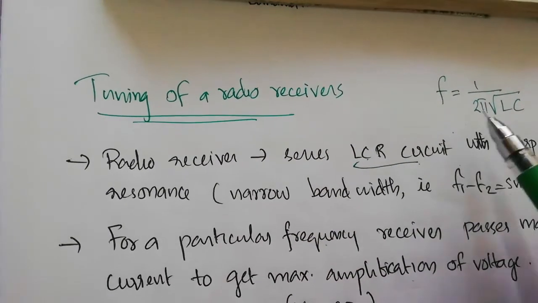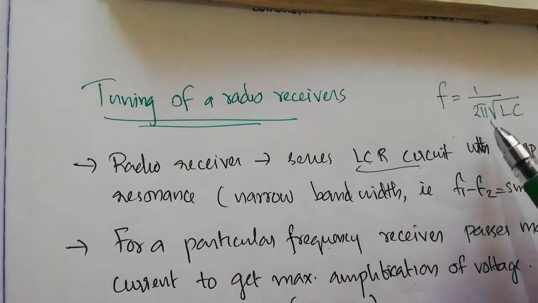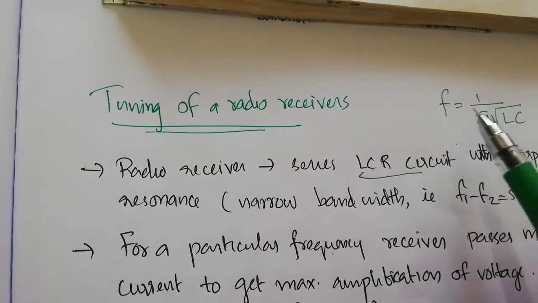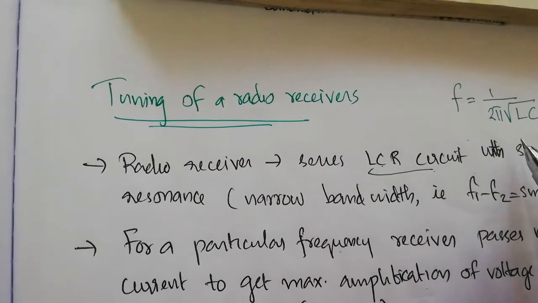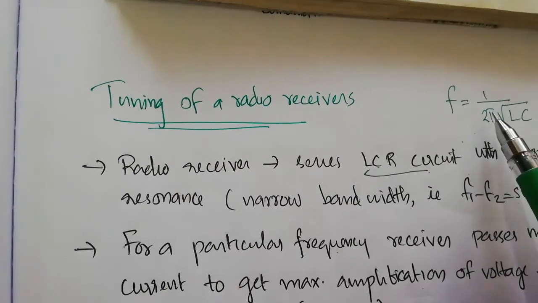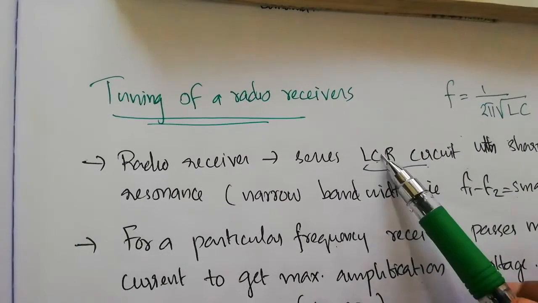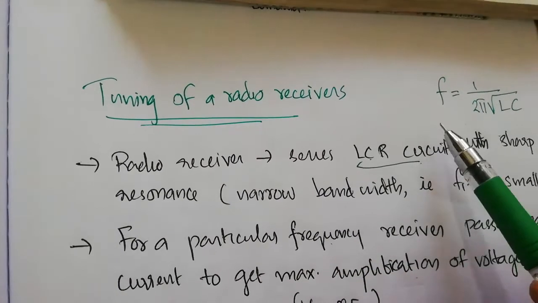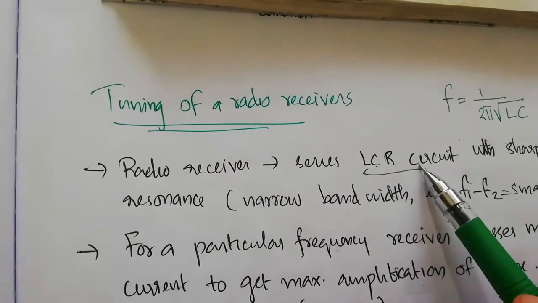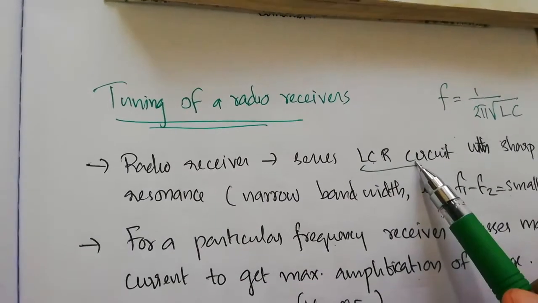That is, when the radio signal is reaching the circuit, and the frequency of that signal matches the frequency of the series LCR circuit, that signal is selected. And we can change the L and C to select another radio signal. That is the principle behind the tuning of radio and television receivers.